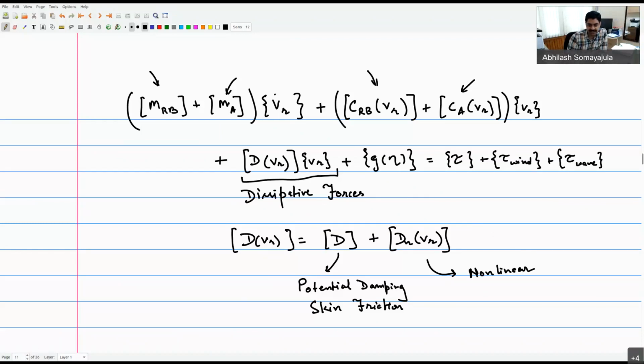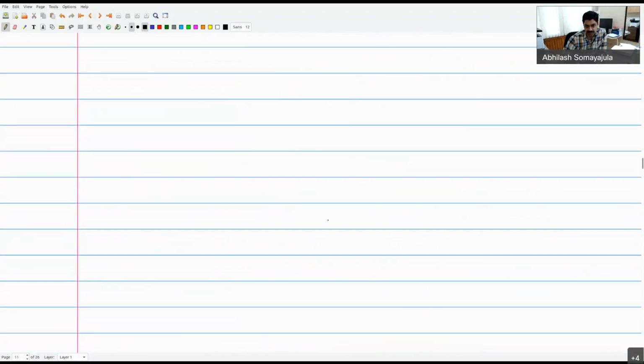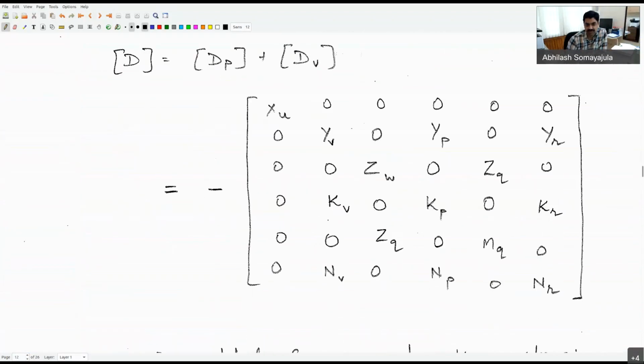We looked at the idea that the linear damping matrix can be expressed in this manner, where hydrodynamic derivatives come into play, and we saw that there is a good amount of coupling between the sway, roll, and yaw.